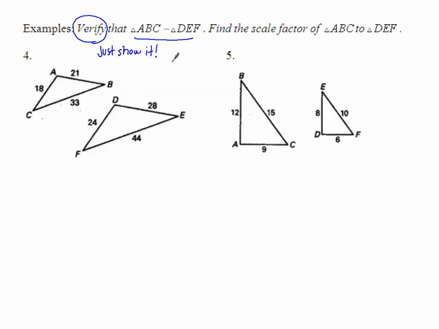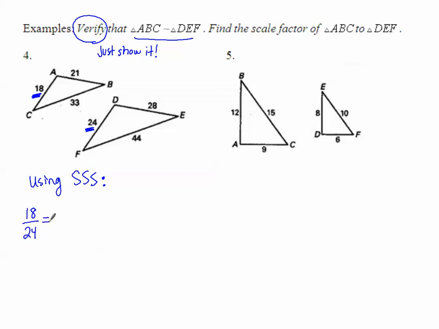So to show it, and knowing I have the sides and only the sides, I am trying to check that the sides are proportional. So I am using the side similarity theorem. I'm checking that the sides are proportional. Well, how do I know which ones correspond? I can use this statement, or because I have all three sides, I can match small number with small number. Start there. 18 divided by 24.